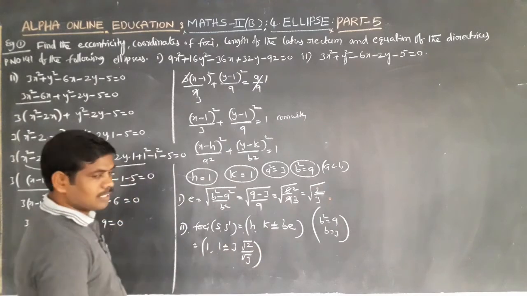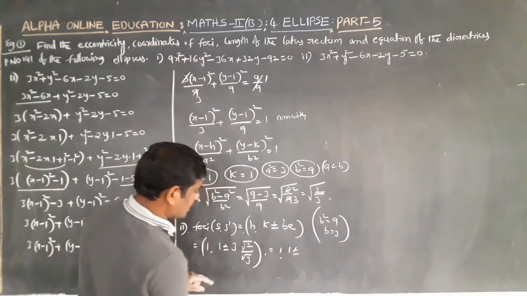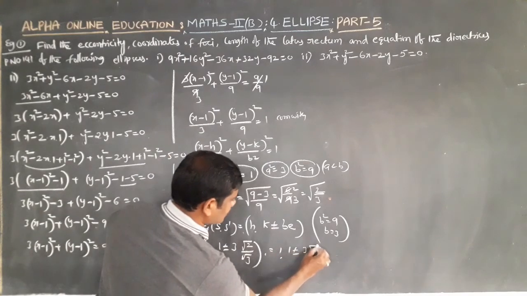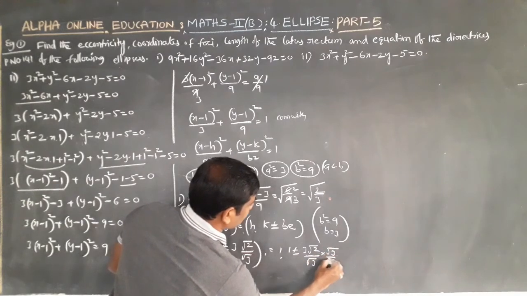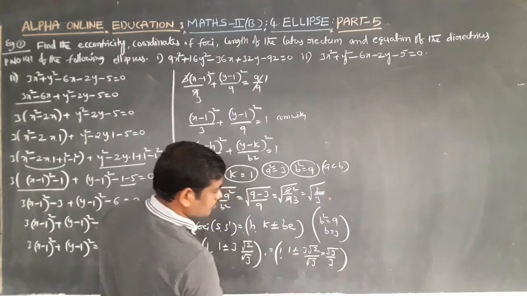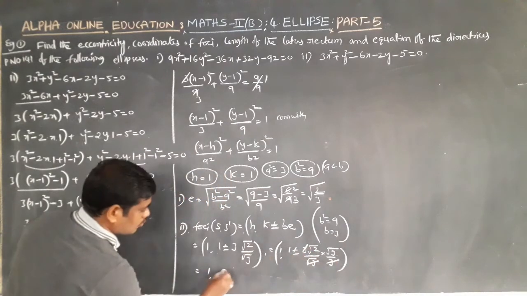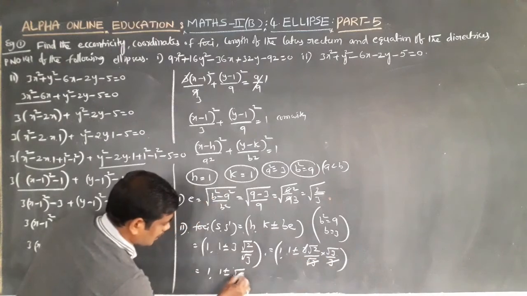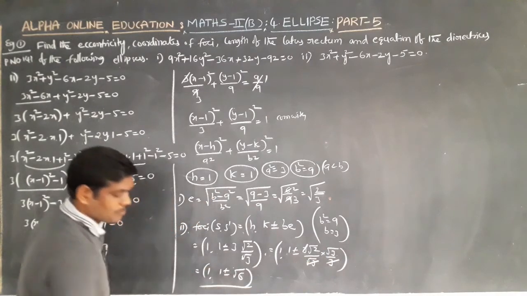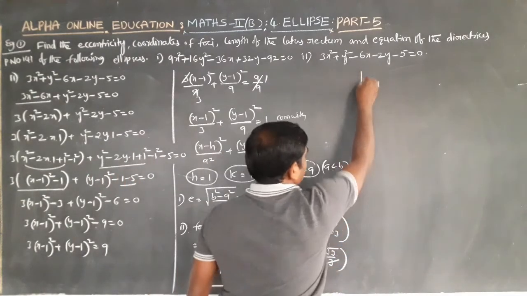This is the foci. It can be changed into 1 comma 1 plus or minus 3 root 2 by root 3. Multiplying and dividing with root 3, the 3s cancel. So 1 comma 1 plus or minus root 2 into root 3, root 6. So the foci are 1 comma 1 plus or minus root 6.